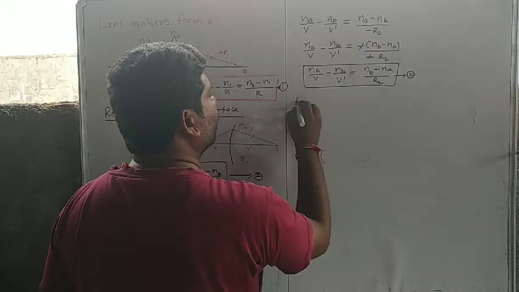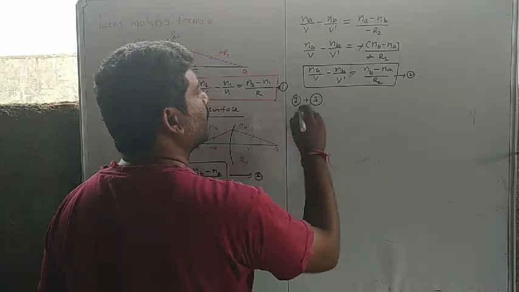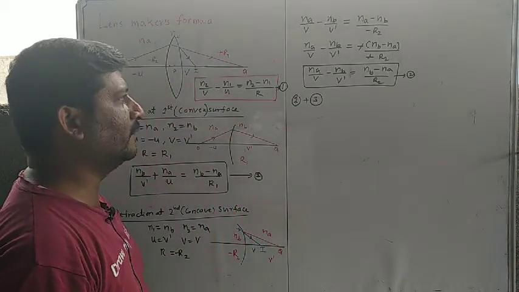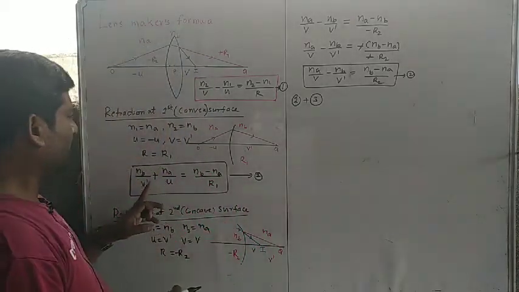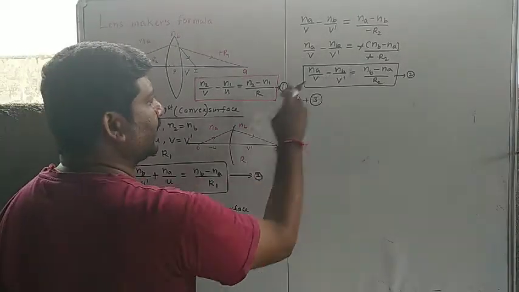Now add second equation and third equation. Then NB by V dash, these two terms will get cancelled.